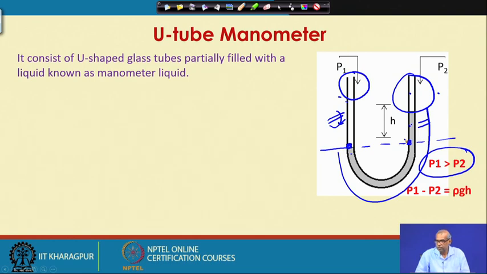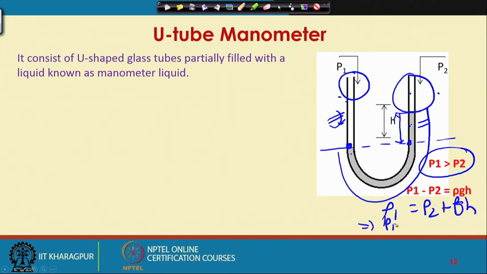Here the pressure will be P2 plus the pressure due to this column, that is H, which can be considered as rho g H, which is density of the mercury times acceleration due to gravity times H. So, P1 equal to P2 plus rho g H, which gives you P1 minus P2 equal to rho g H.